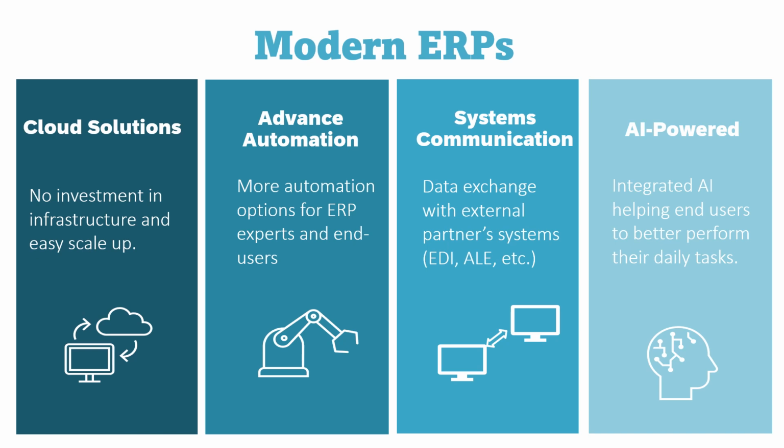Last but not least, the latest ERP systems are equipped with AI capabilities, providing valuable support to end users. They can identify errors through anomaly detection algorithms, assist in decision-making with predictive analytics, and even recommend actions and next steps using models that analyze ERP users' behaviors and speech. AI-driven insights significantly enhance decision quality and overall operational efficiency.